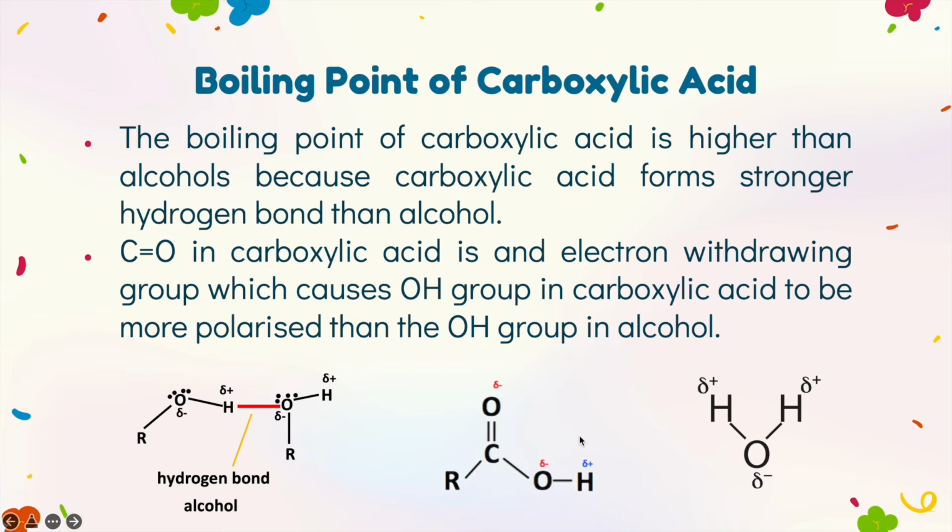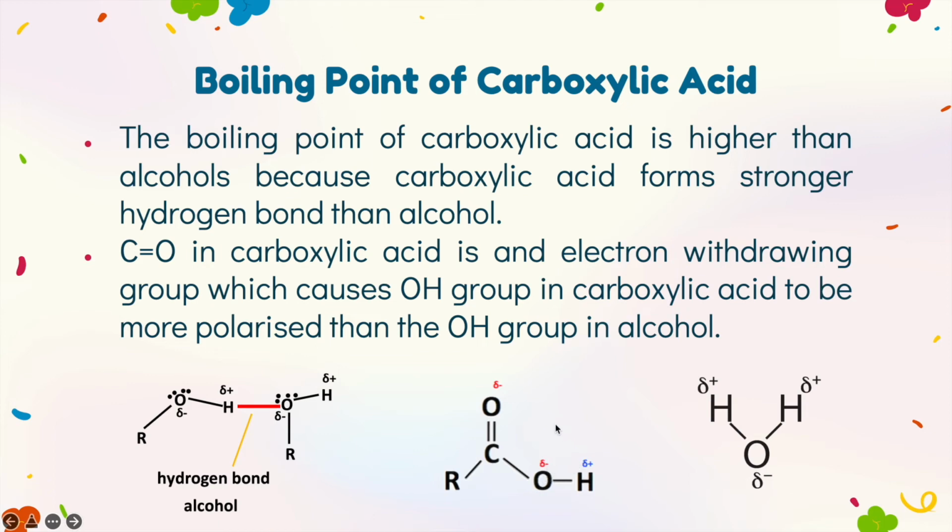So in carboxylic acid, the C double bond O, an electron withdrawing group, causes the OH group to be more polarized. This is delta minus, this is delta minus, so it attracts electron towards itself, making this more delta plus, this one more delta minus.